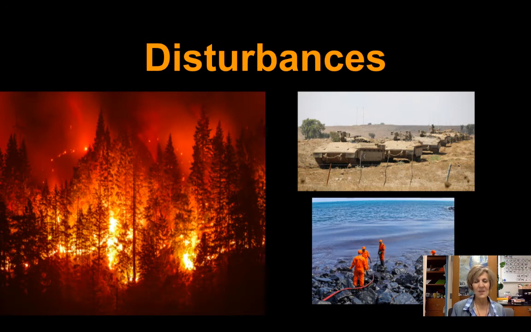Disturbances. So these are definitely in the news these days, right? Our examples would be forest fires, which could be man-made or natural, war, which is definitely man-made, oil spills, which are also man-made. So disturbances are things in ecosystems that would disrupt any kind of populations that are living in them. And you might think disturbances are all bad.